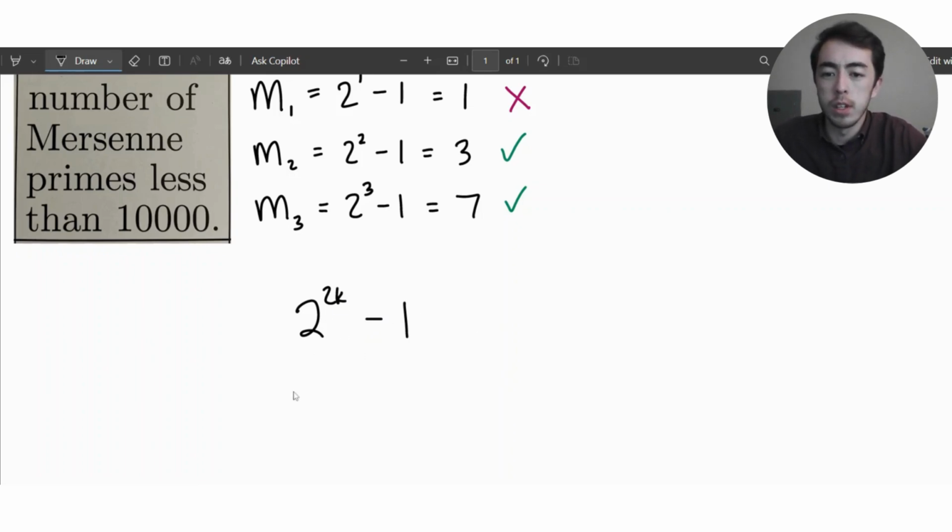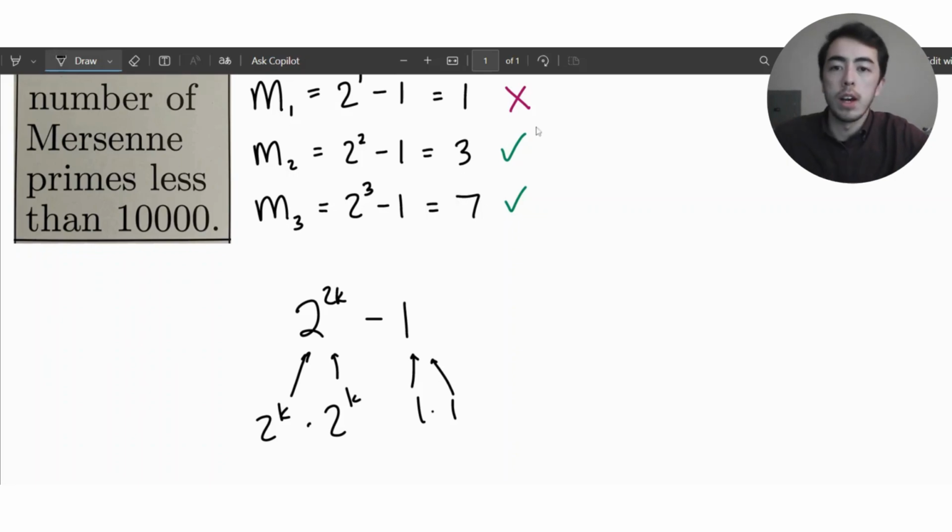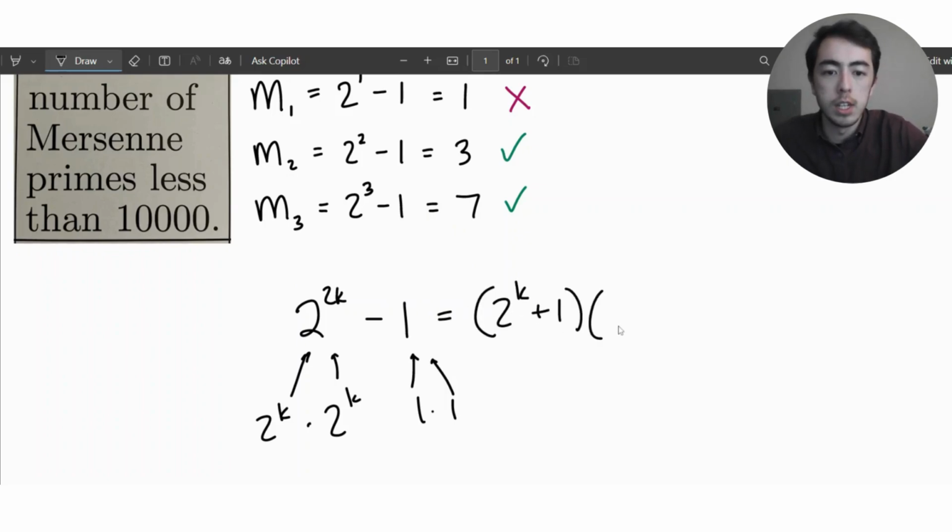I have a square number here because I know that 2 to the k times 2 to the k gives me this number, and then I have 1 times 1 gives me this number. And I know that I can factor a difference of square numbers into 2 to the k plus 1 times 2 to the k minus 1.